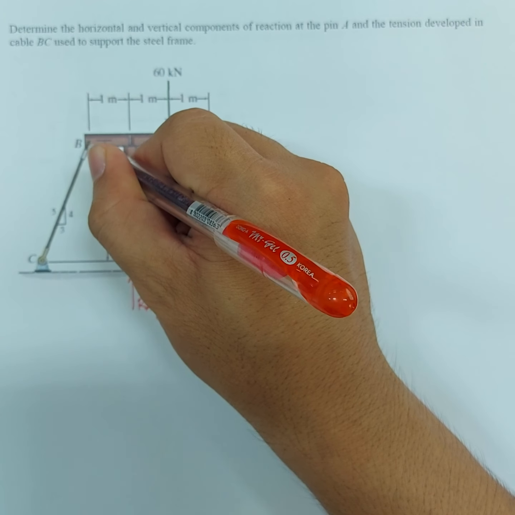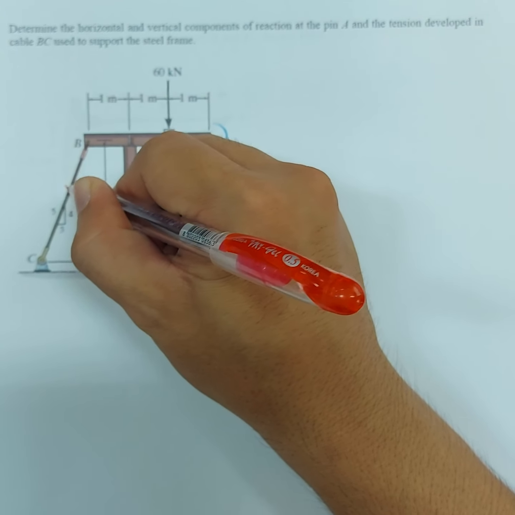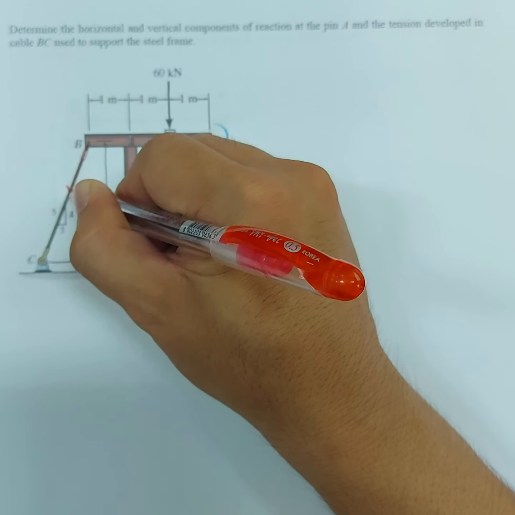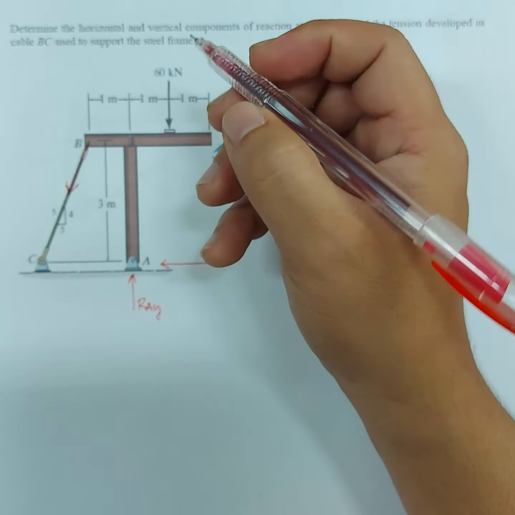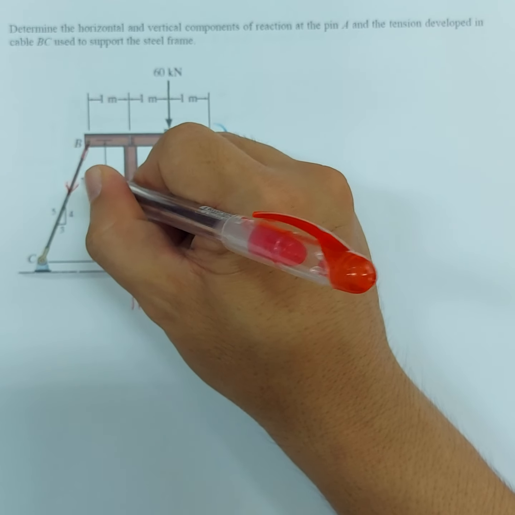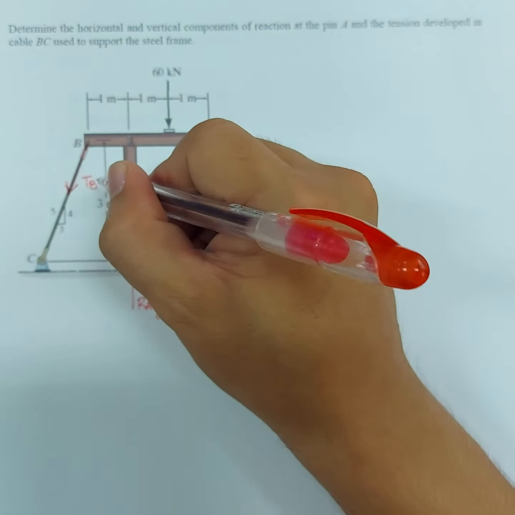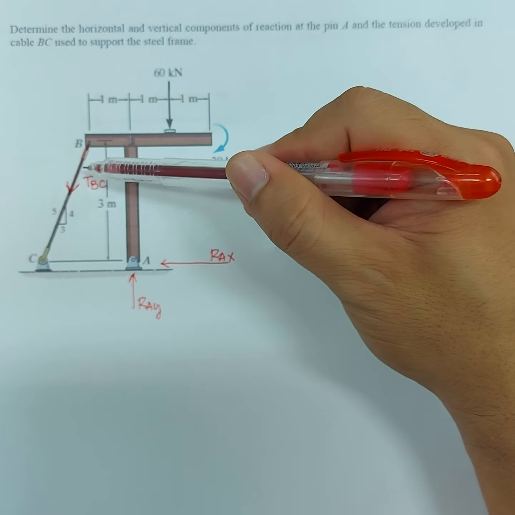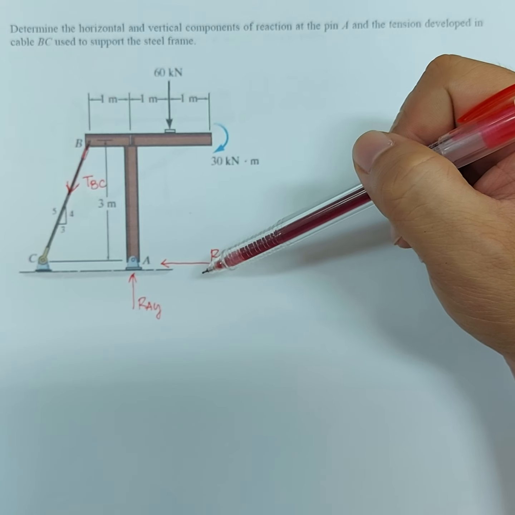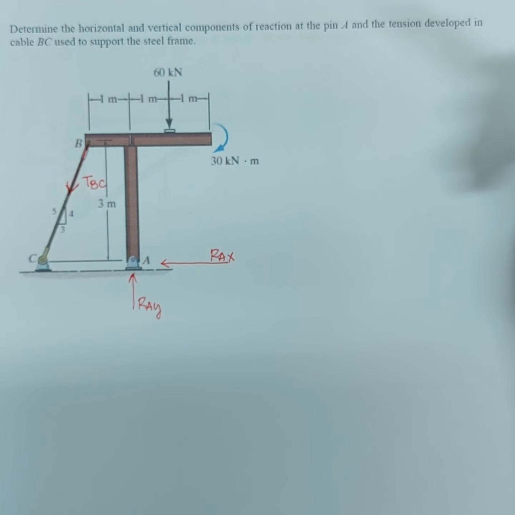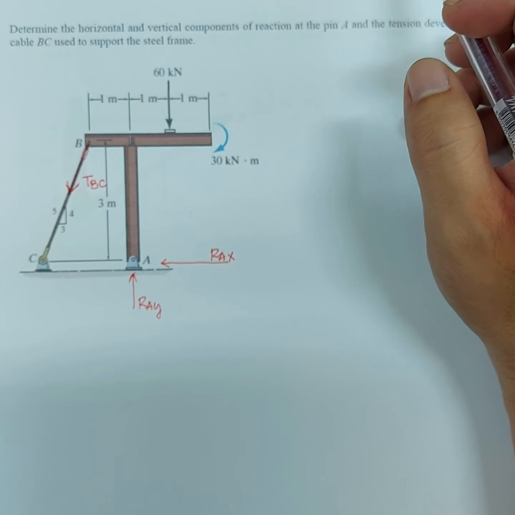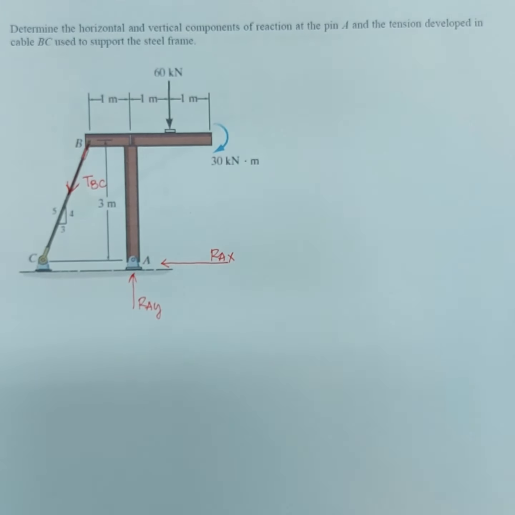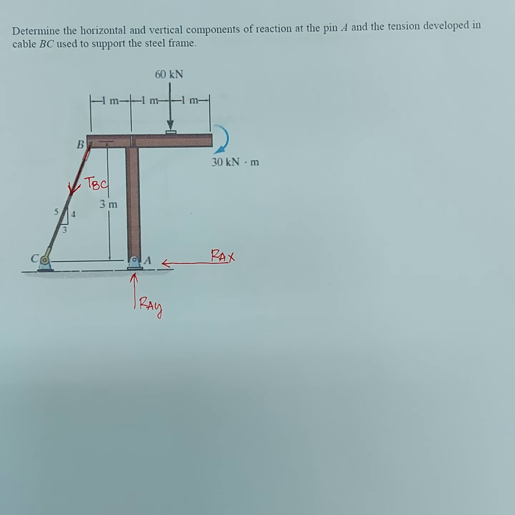Its action is always away from the member or the body. So this is T, let's say TBC. So we're solving for the tension in the cable and the horizontal and vertical reactions at pin A or hinge A.